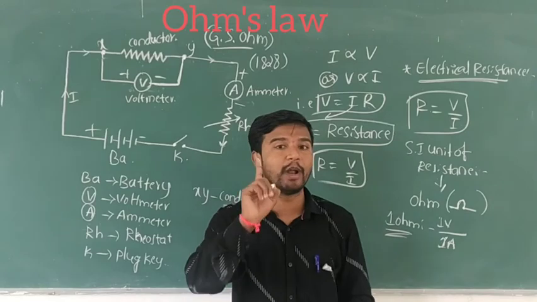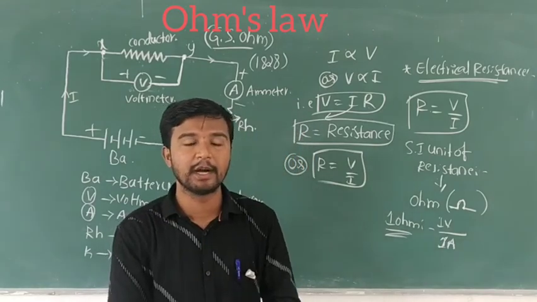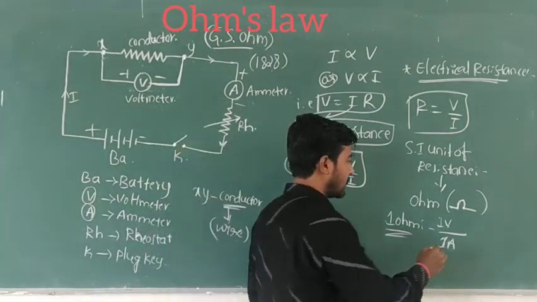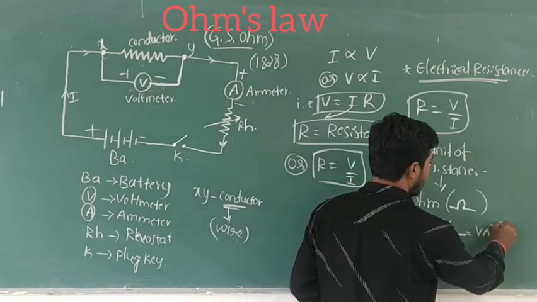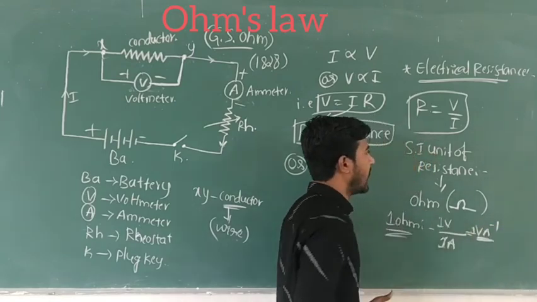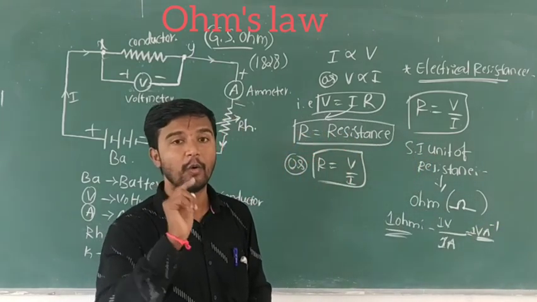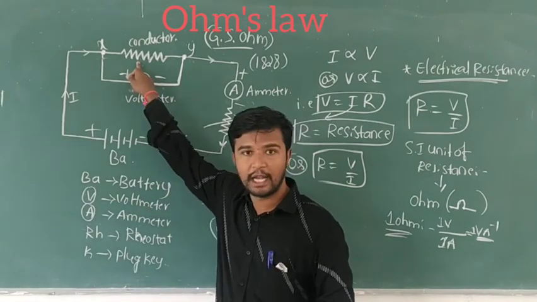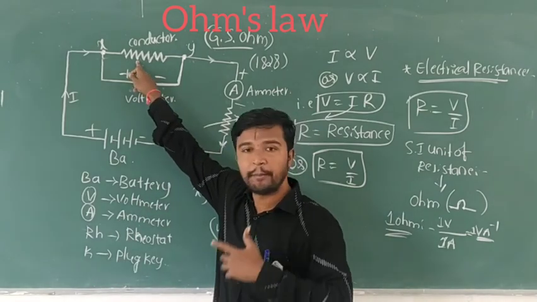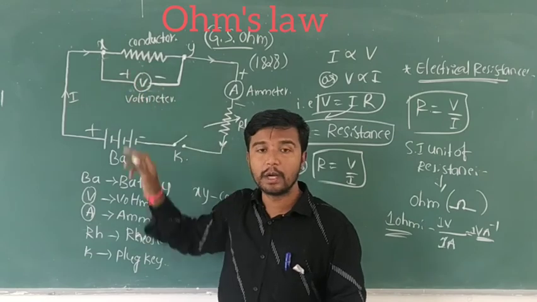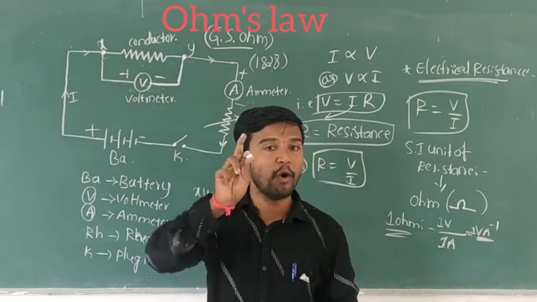This is volt per ampere. 1 volt per 1 ampere is nothing but 1 ohm. Means if 1 ampere of current moves in the conductor with 1 volt, it is equal to 1 ohm.